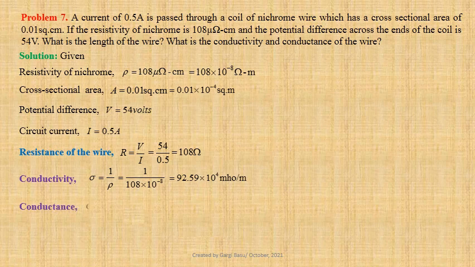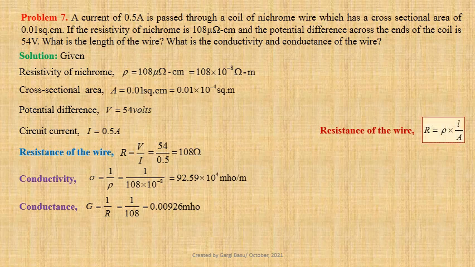Conductance G equals 1 upon R, that is equal to 1 upon 108, that gives us 0.00926 mho.